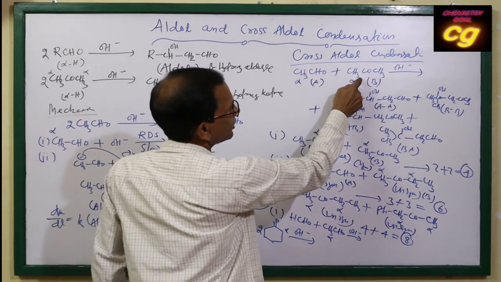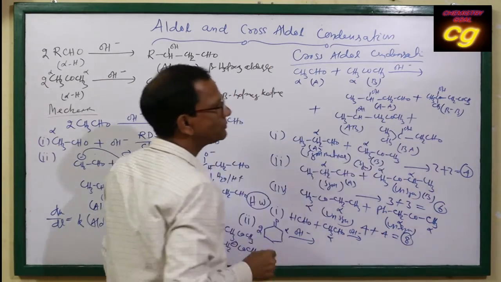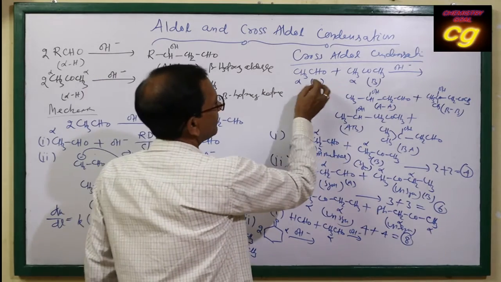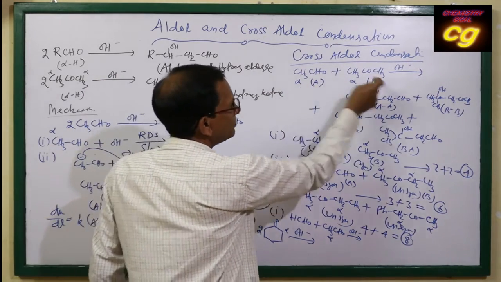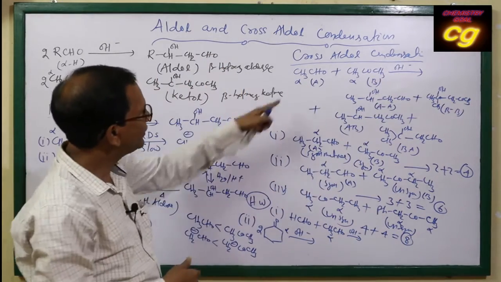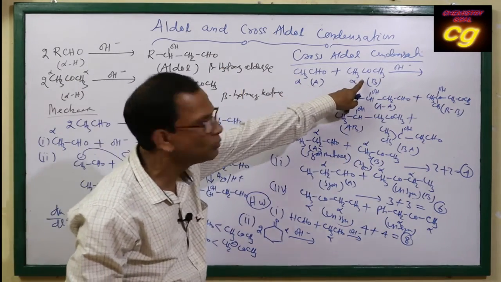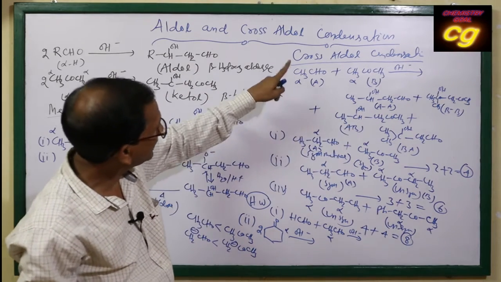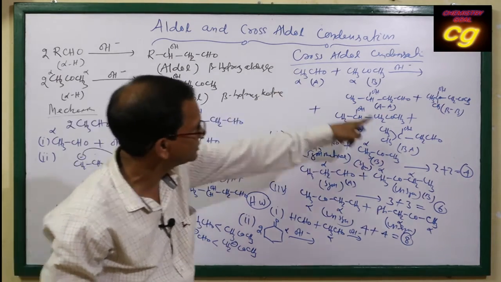If you take ketone, loss of hydrogen also produces this product. If you take cross aldol condensation, by taking this one with A, B is one product. By taking B and A, if B is a nucleophile after loss of hydrogen, this is the product. If A is losing hydrogen, this is the product.